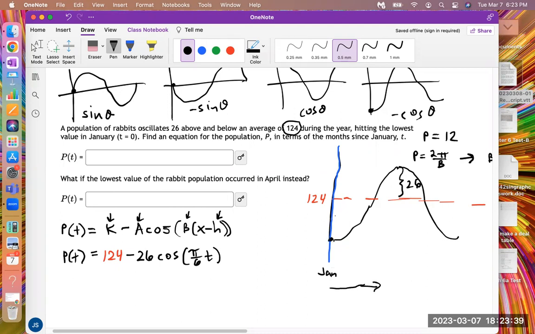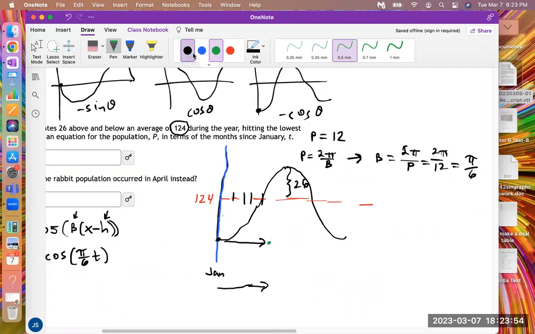So this minimum would have to move 4 spaces, so 1, 2, 3, 4, and it would be relocated to the new spot right here, right? And then every single point on here, and I just focus on the main points where it's 0 and where it's hitting its min and max, is going to be moved 4 spaces over.